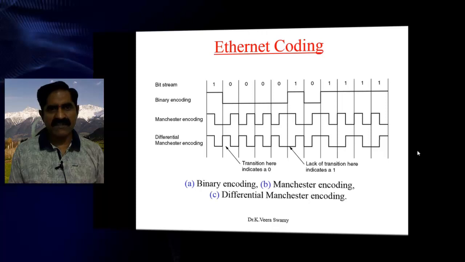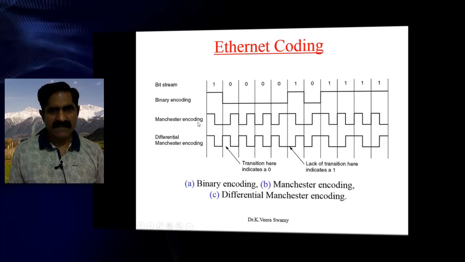Now coming to differential Manchester encoding, here we begin as usual. 1 is coded with a high-low pair, but instead of talking about 1 as it is, we look at the transition. In the last stage we are at low level and we are moving to high level. This transition indicates the coming value is 0.